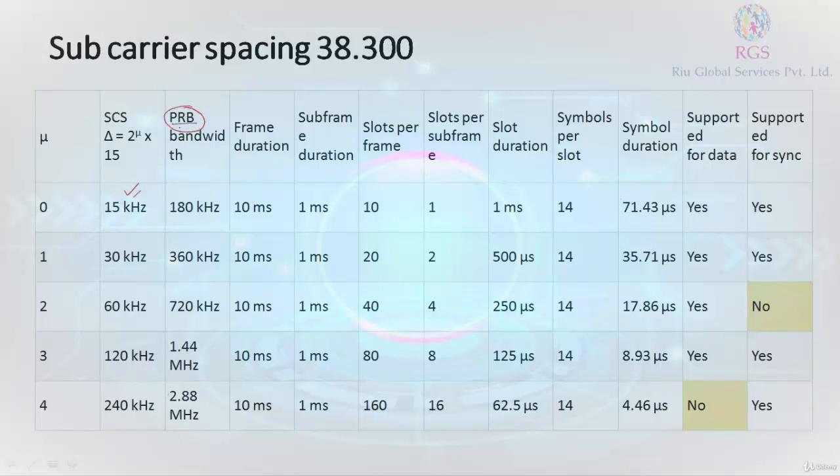What does that mean? So physical resource block is nothing but a bundle of subcarrier spacings put together, right? So one subcarrier or one resource element or one OFDM symbol has the capability only to carry 2 bits, 4 bits, 6 bits, or 8 bits of information as of now.